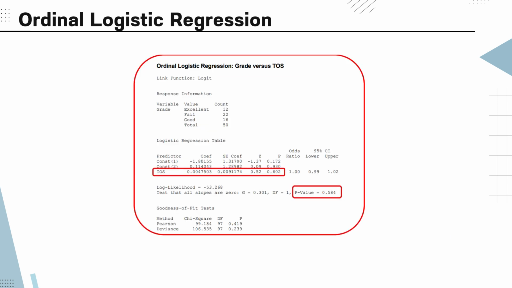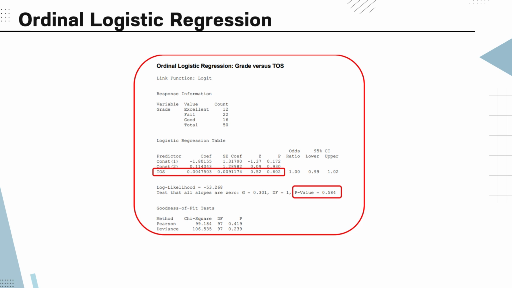Let's now look at how to interpret the results of an ordinal logistic regression using the example shown on the screen. First objective. We are trying to understand if the predictor variable TOS, tenure of service, significantly affects the grade, which is our ordinal dependent variable with categories excellent, good, and fail. 2. Focus on the overall model p-value.